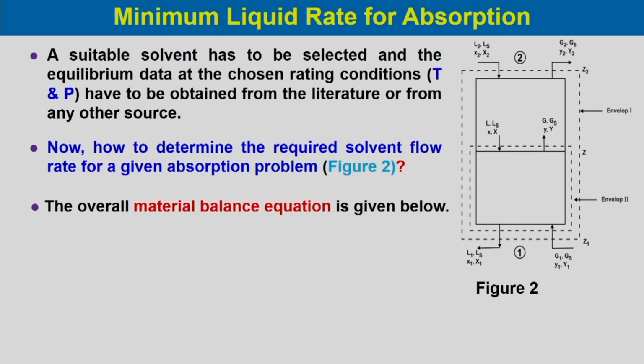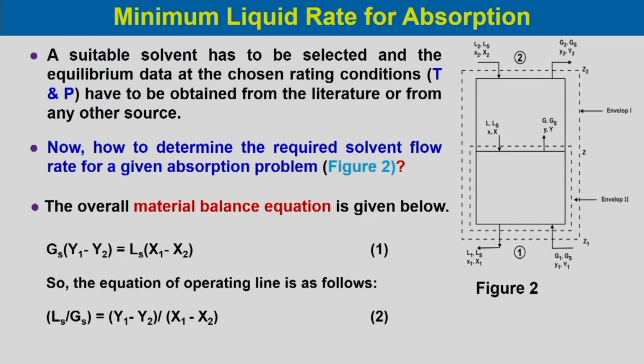If we do the overall material balance as we have done in our earlier section, Gs into (capital Y1 minus capital Y2) would be equal to Ls into (capital X1 minus capital X2). This is the overall material balance equation, equation 1. The equation of the operating line is Ls by Gs equal to (Y1 minus Y2) divided by (X1 minus X2). This is equation 2, the equation of the operating line.